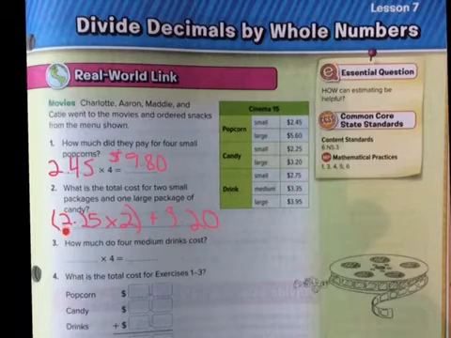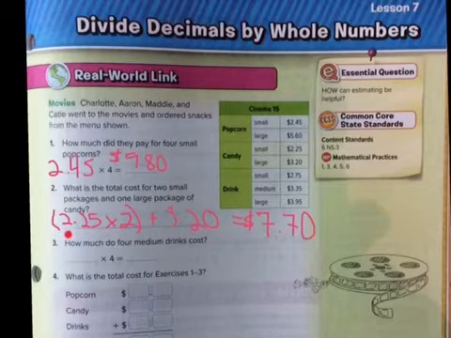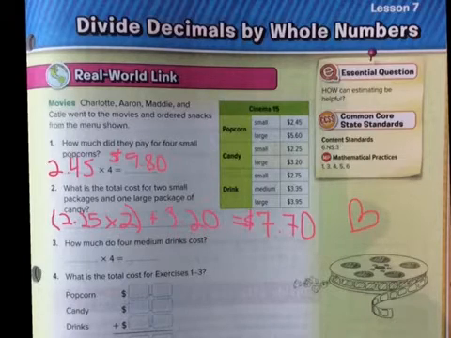Times 2. So we solve for that, and then we have to add 1 large package to it so that we can get our total. And you should get, when you multiply $2.25 times 2, that's $4.50, plus $3 is going to be $7.50, plus 20 cents is 70 cents. So $7.70. Go ahead, let's put a little heart there as our key answer.